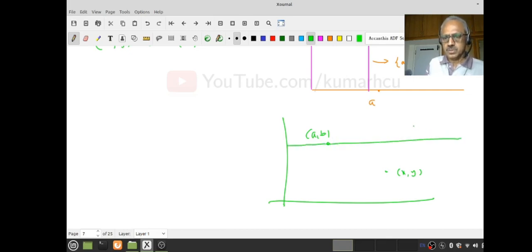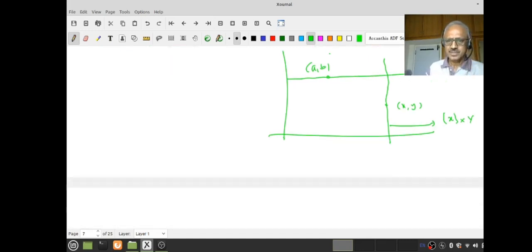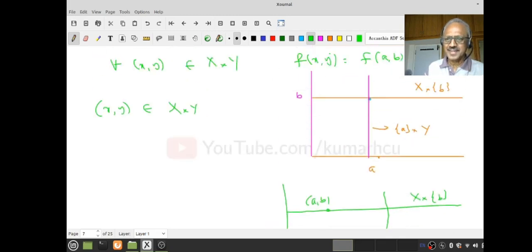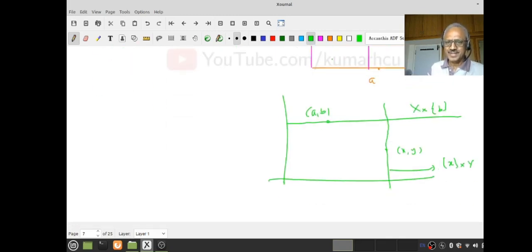This is X cross b. Now let's draw this, which is going to be singleton x cross Y. Do you understand? I'm sorry for the earlier picture. This is the picture I wanted. This is why I should think. Are you following?